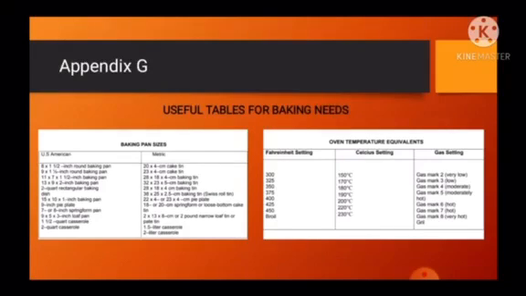Rectangular baking dish size is 2 quart. And pie plate is 9 inch. The springform pan size is 7 or 8 inch. And loaf pan size is 9 by 5 by 3 inch.